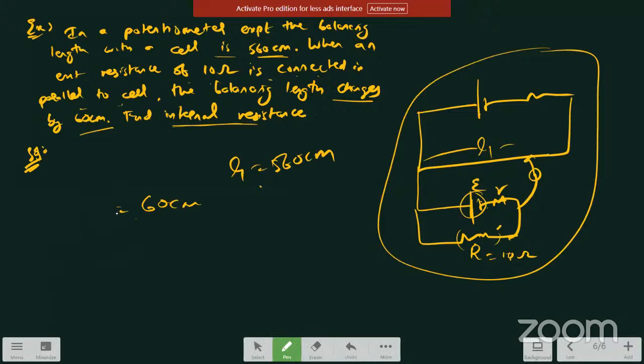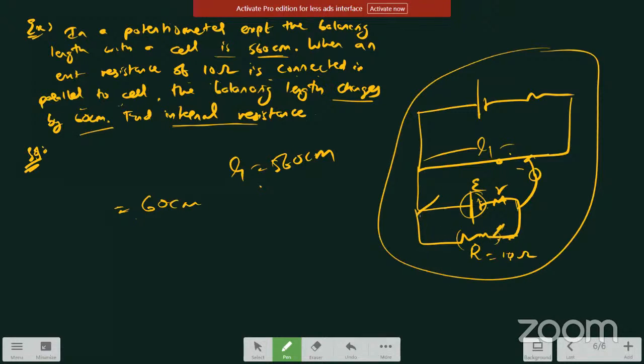In general, we know after closing the switch, what will happen? Balancing length reduces. Am I right? Because if I close the switch, current will flow through this.